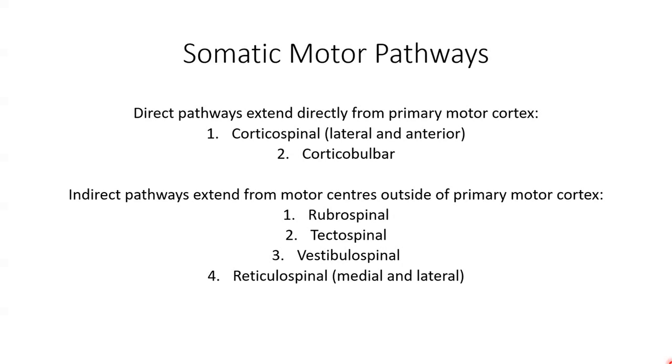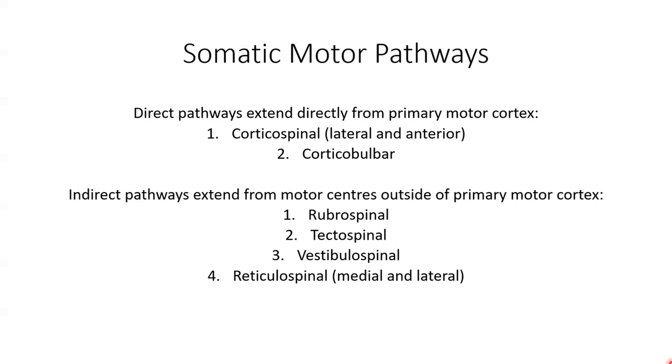Indirect motor pathways provide input to lower motor neurons from other regions of the brain, so motor centers in the basal nuclei or ganglia, the cerebellum, and other areas of the cerebral cortex. Once this input reaches the lower motor neurons, however, the output generated, or the nerve impulses received by those lower motor neurons, which go on to innervate skeletal muscles, is still exactly the same.